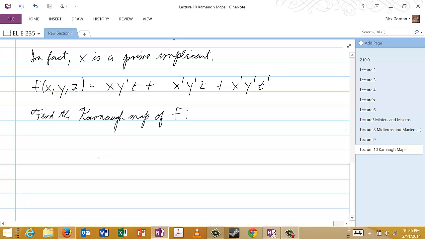So let me explain. Let me give you an example. To draw the Karnaugh map of a function, the first thing you need to know is the number of Boolean variables. And in this case, we have 3 Boolean variables. So when you have a 3-variable Karnaugh map, it's going to look like the following.